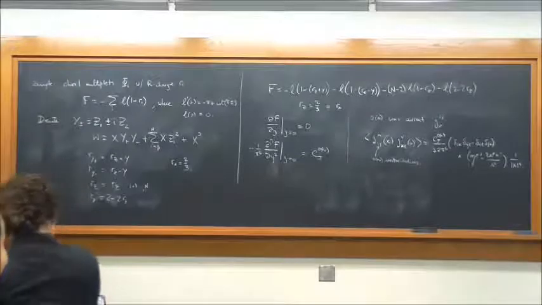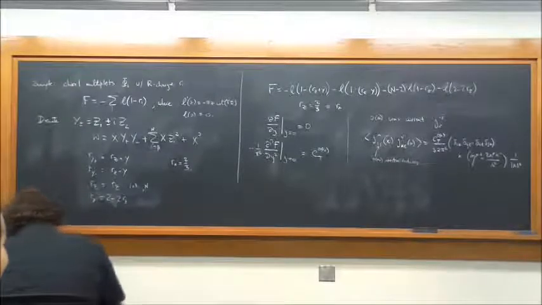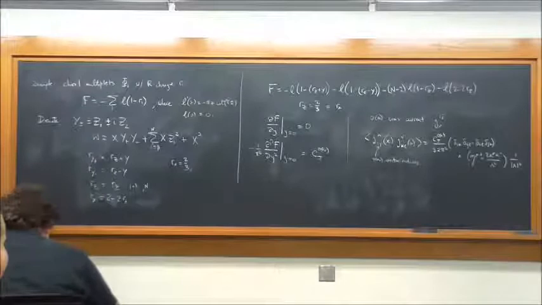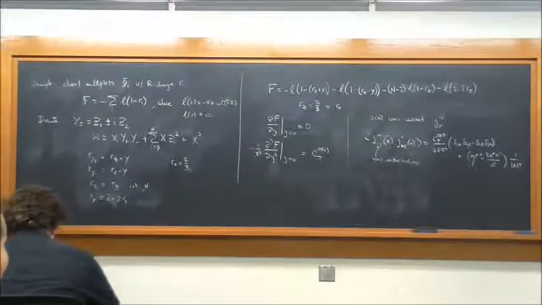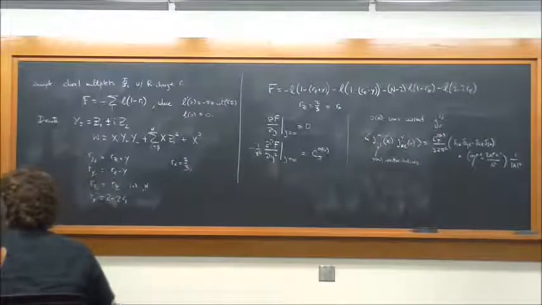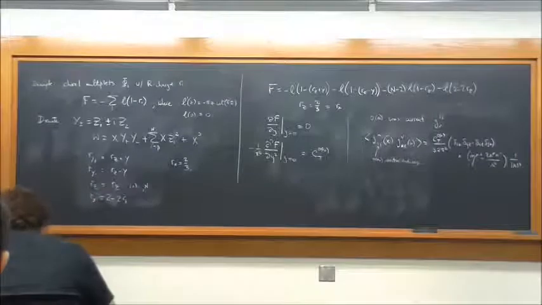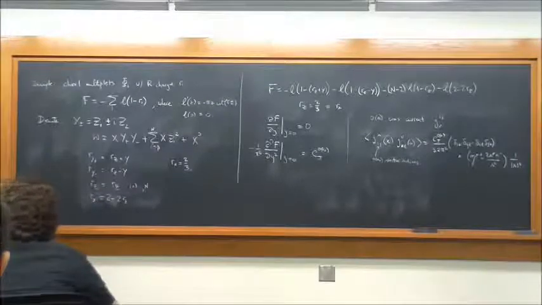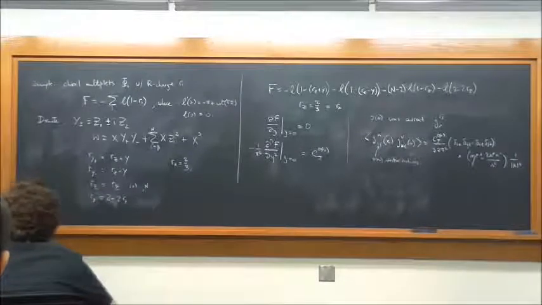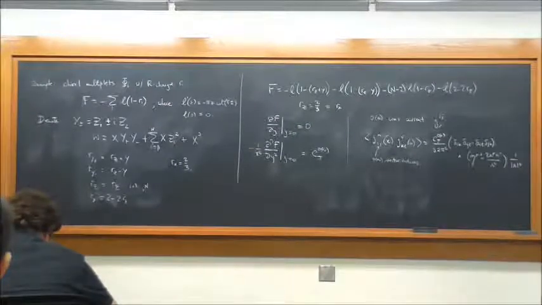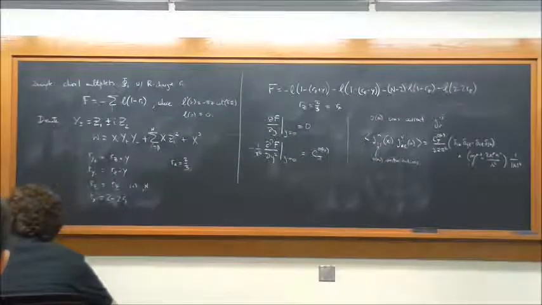Here R is the ON representation. It can be either singlet, anti-symmetric, or symmetric traceless. These are the ON representations that appear in the product of two fundamentals. And C can be 0 or plus minus 2.